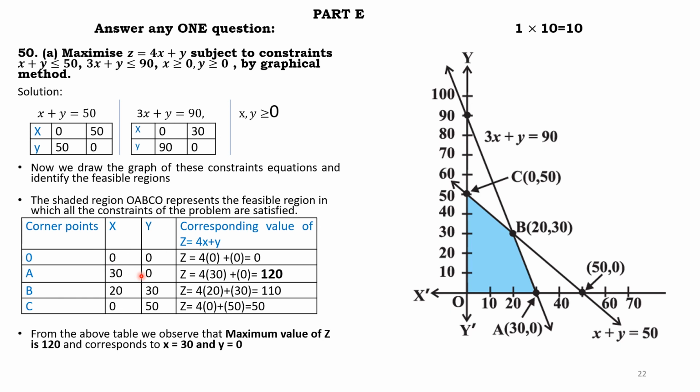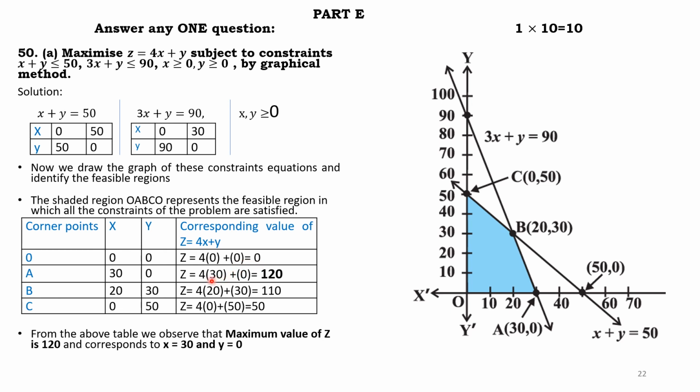For these values, we calculate the objective function z equals 4x plus y, and we have to calculate the maximum value. When x is 0 and y is 0, z is 0.